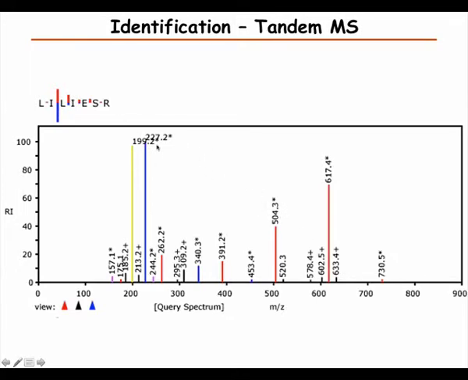The red ones are the Y ions, so the charge is kept on the C terminus, and the blue ones are the B ions, where the charge is on the N terminus. So for the fragmentation between this isoleucine and leucine, we have a lot of evidence because we have both strong Y ions and strong B ions. So this is the whole point.